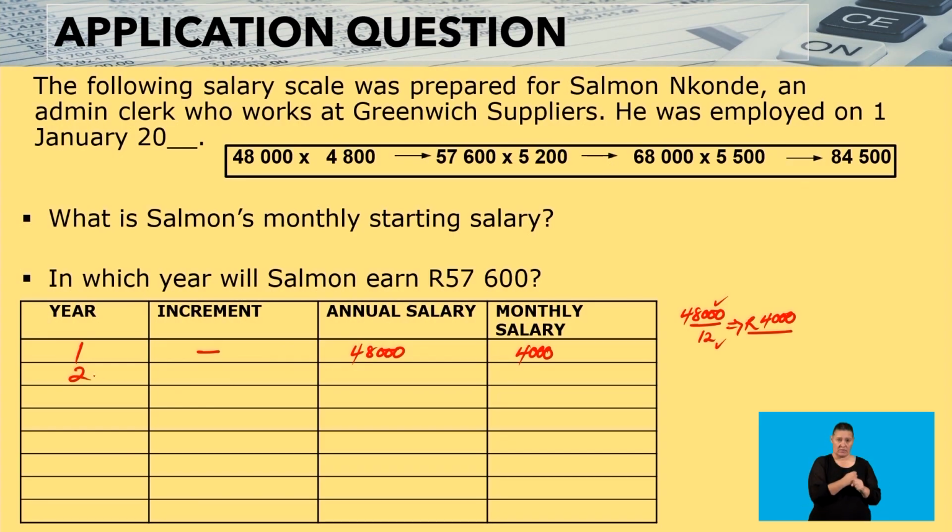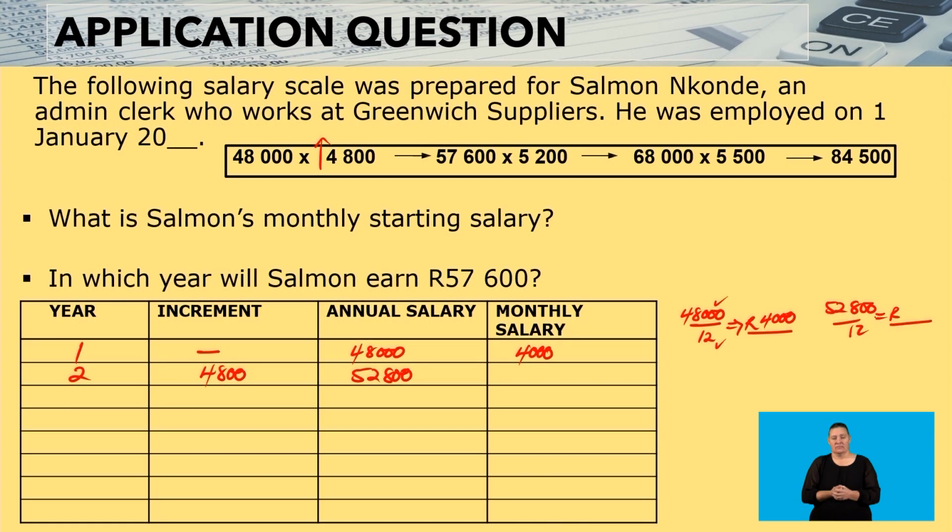In year two, it will increase by 4,800, so my increment becomes 4.8. My annual salary will now be 52,800. How can I get my monthly salary? You take 52,800 divided by the 12 months. Please punch that in your calculator.